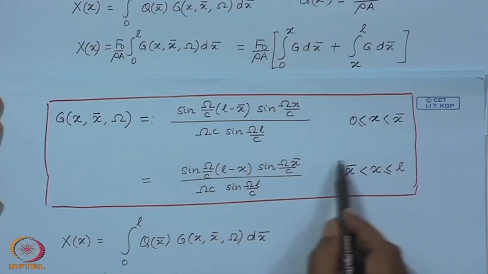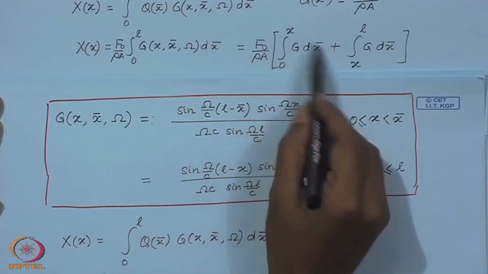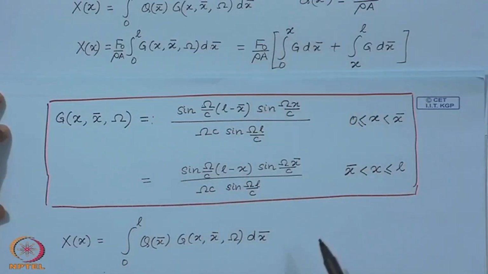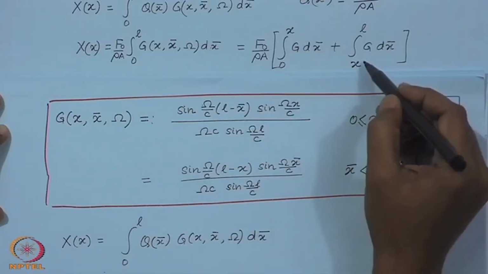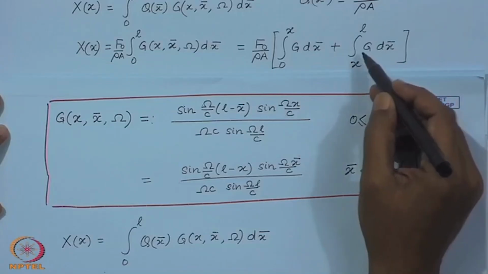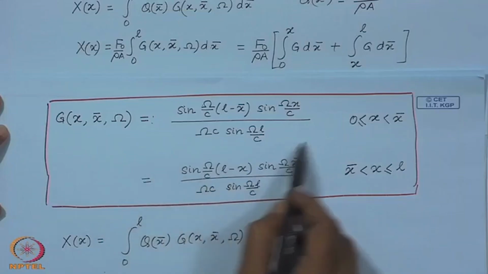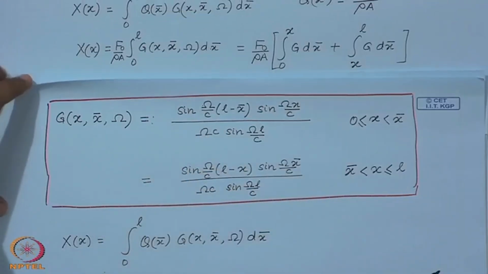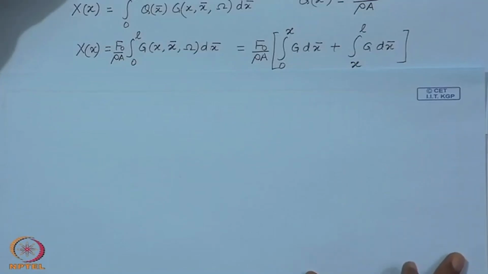So, this is the function corresponding to the integrand of this integral, whereas from x to L, when x bar is greater than x, this must be the integrand. So, let us now carry this out.